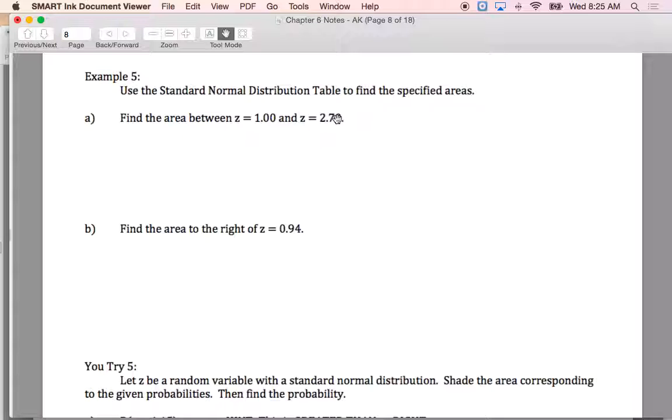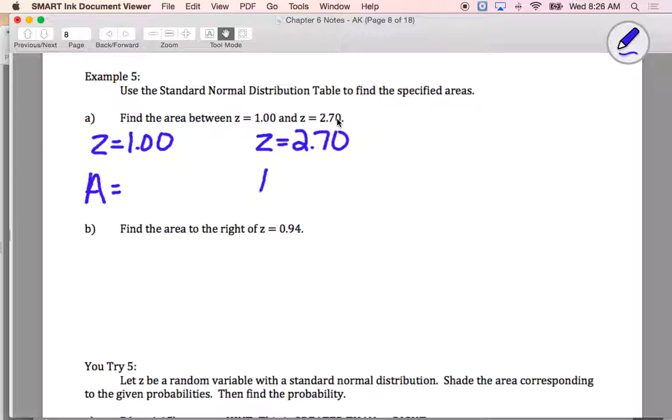Okay, so we're going to practice some more. So for A, we're finding the area between my two values. Now, if we're finding the area between them, you have to find the area of each. So I want to know what is the area that goes with 1.00 and what is the area that goes with 2.70. When I say area, that's the probability.